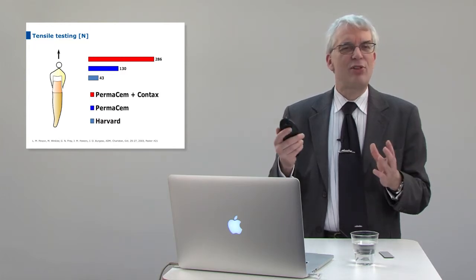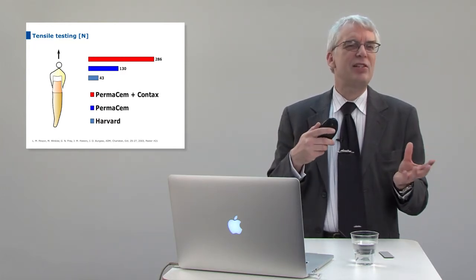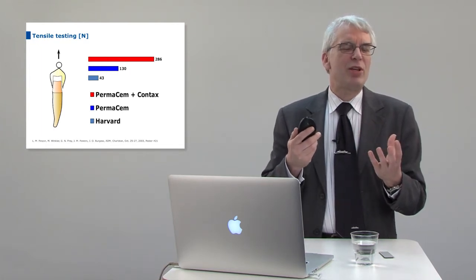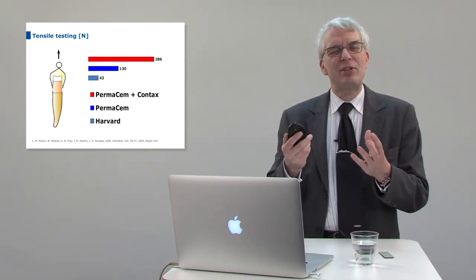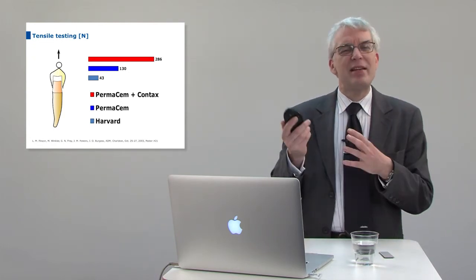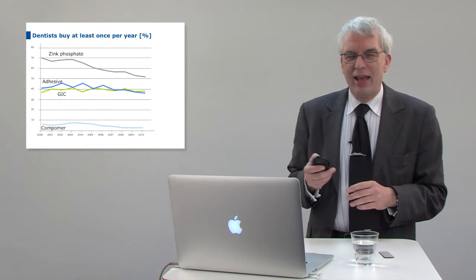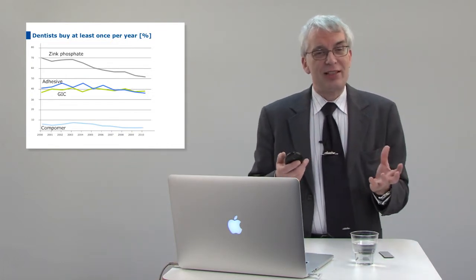So this sounds good, but for a lot of dentists it was also very frustrating because they always wanted to know, do I need a bonding agent or don't I, and when? And this is now all over because with Permacem 2.0 you don't need any bonding agent. And this is what really got dentists to it.